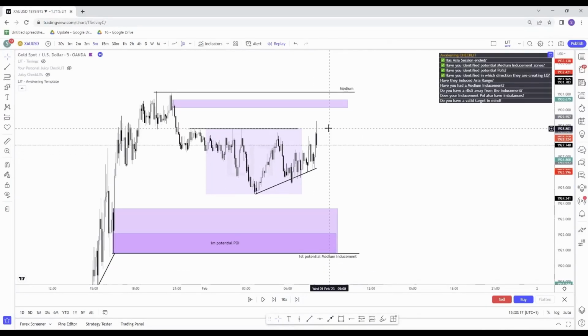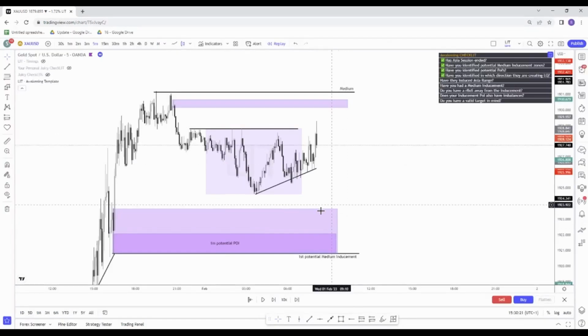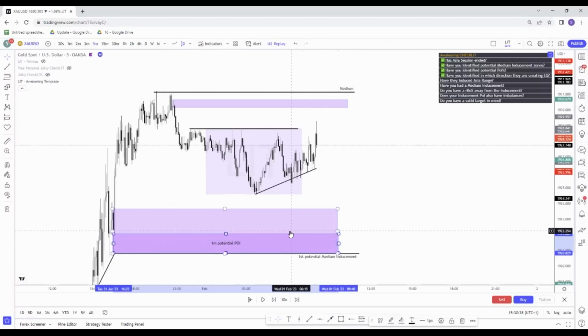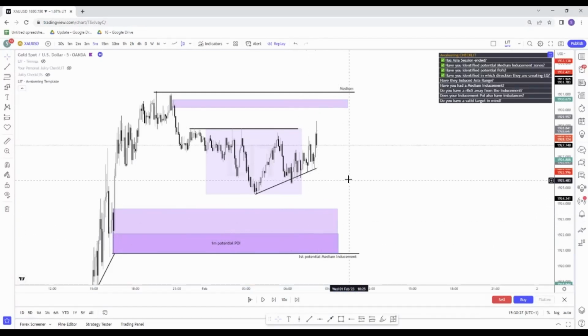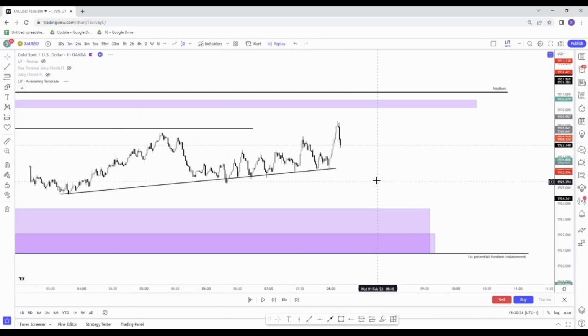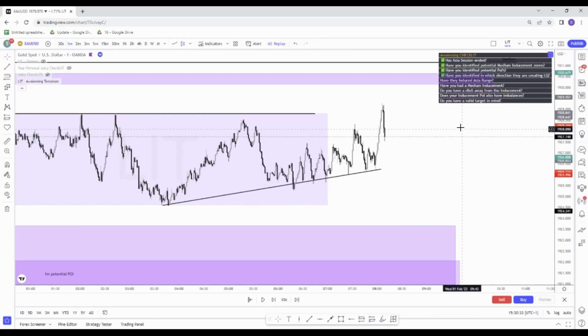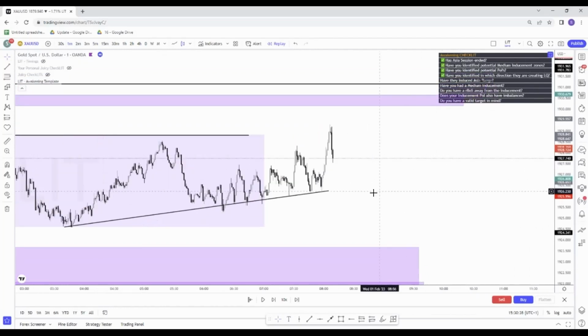So potentially expect price to come lower. Again, if it hits anywhere in this overall zone, whether it's refined or not, we still need to wait anyways. So that being said, we can go on 1M. If 1M does actually come back to mitigate this POI over here, we can refine that quite nicely to a 1M.